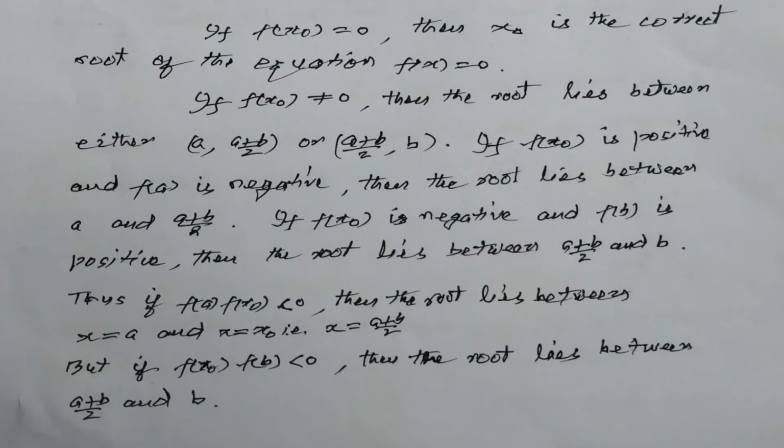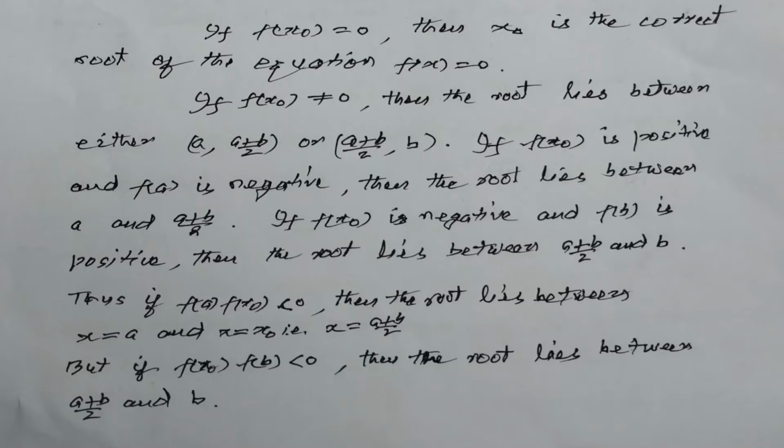If f(x0) is positive and f(a) is negative, then the root lies between a and (a plus b) by 2. If f(x0) is negative and f(b) is positive, then the root lies between (a plus b) by 2 and b.